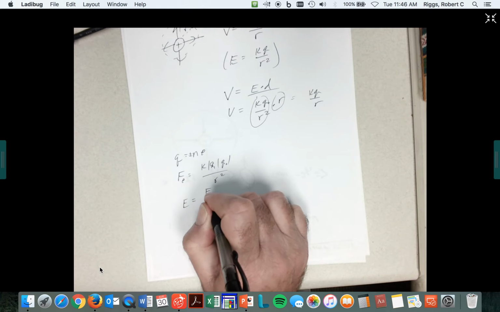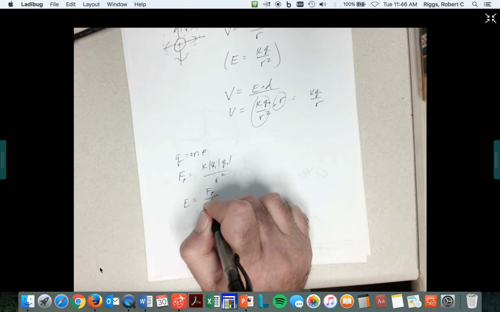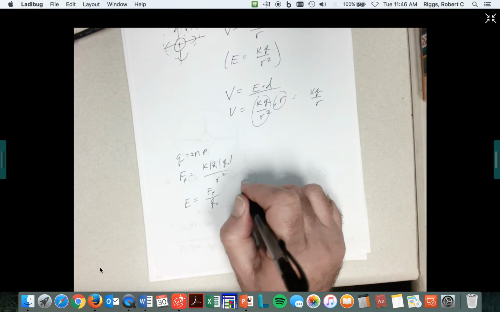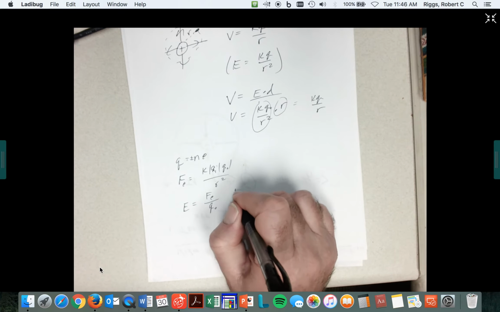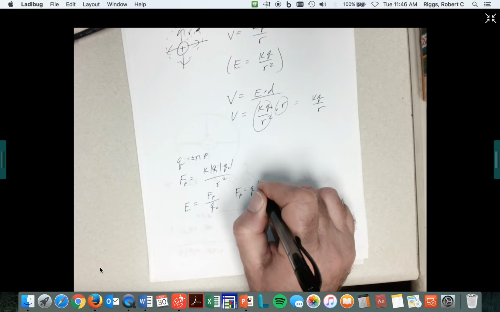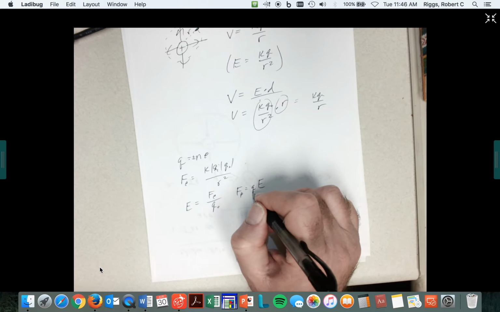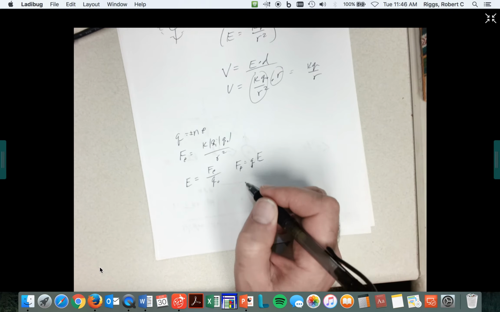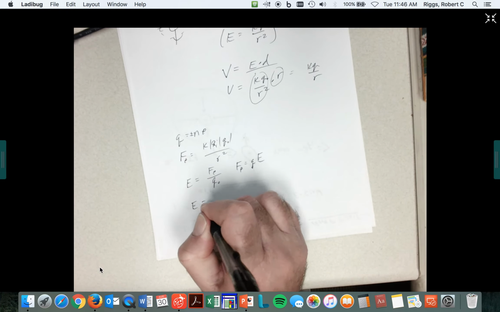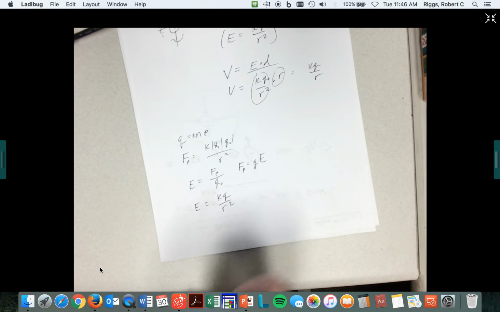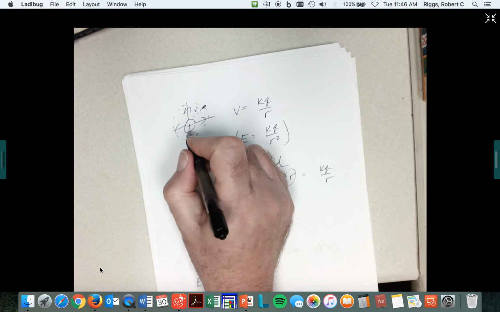It's the force of the electric field divided by one of these charges, and therefore the force of the electric field is equal to Q times E. If we're given a charge in an electric field, we can figure out what the force is. Or we also know that E is equal to kQ over r squared, where this would be my Q here.